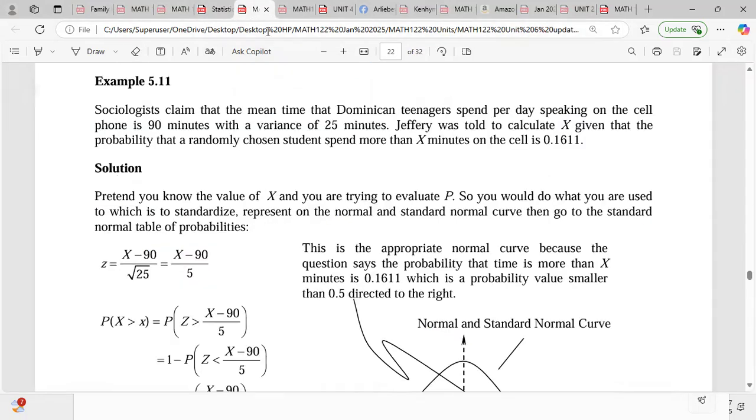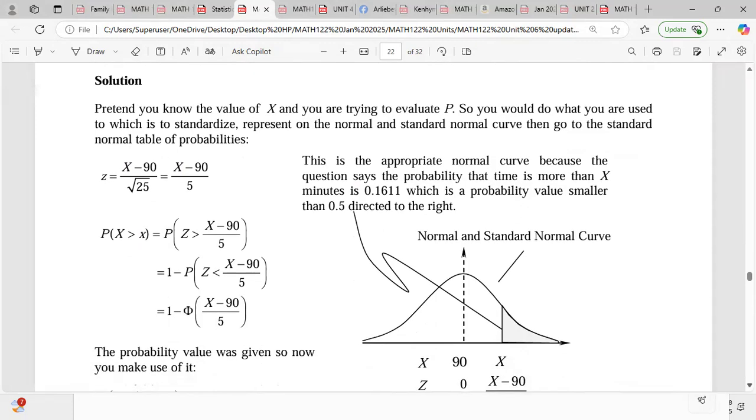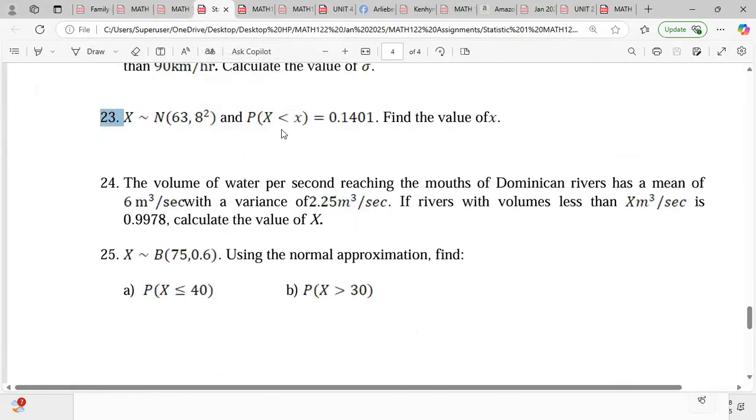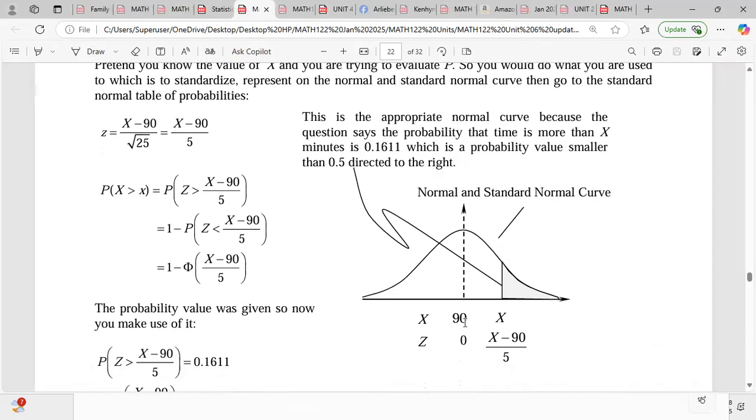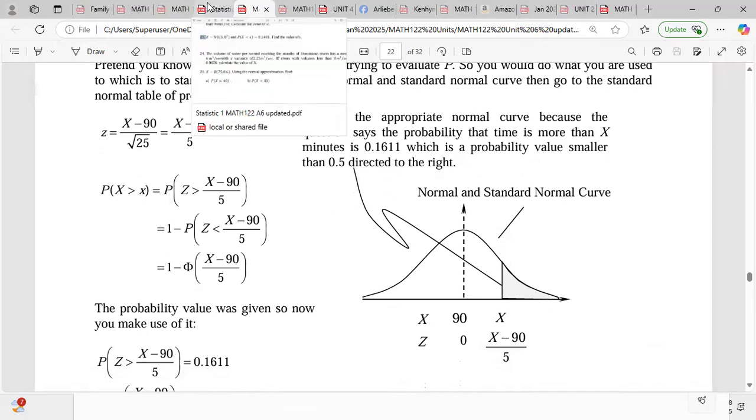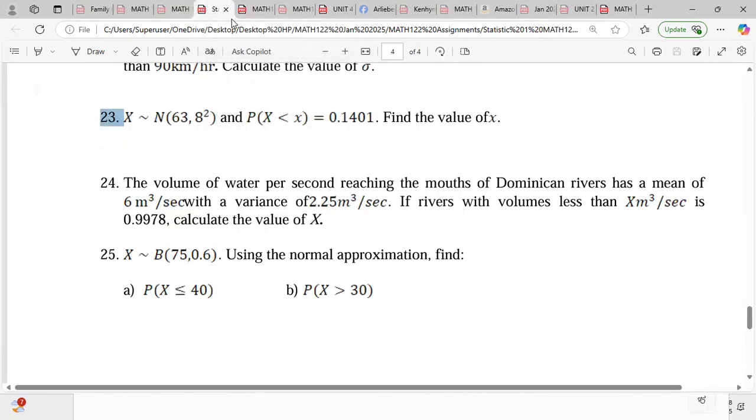When you sketch your curve, because you must sketch your curve to represent what values you are working with, you will be shading towards the left, the tail towards the left. And your mean value will come right there. In the example this is 90. The mean value in our question is 63.